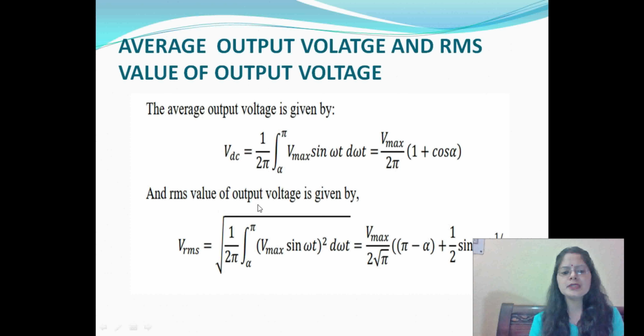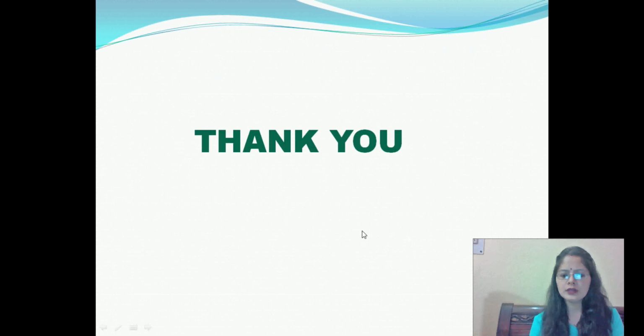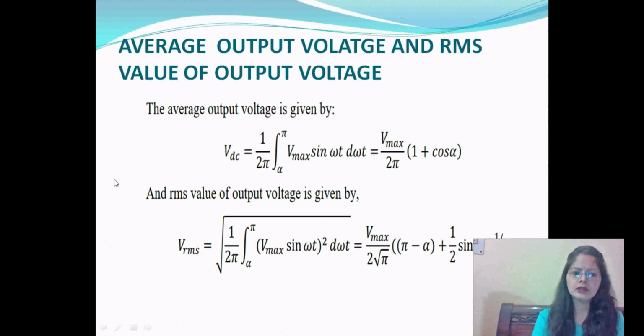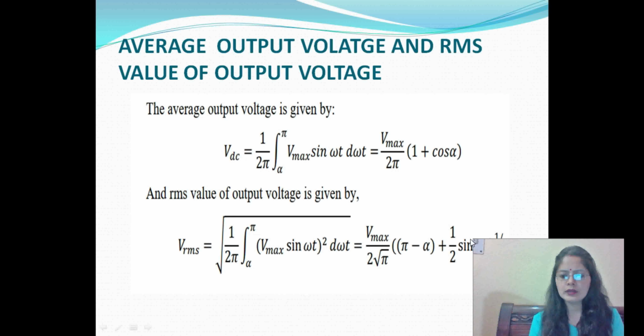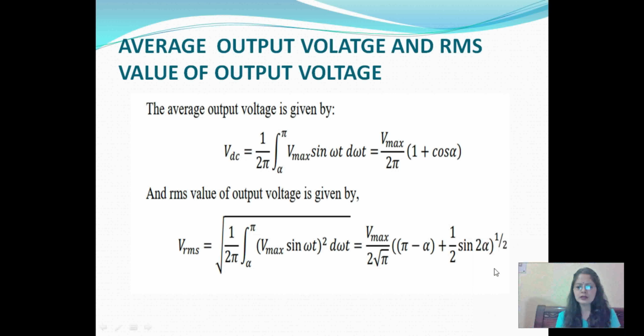And the RMS value of output voltage is given by Vrms equal to the square root of 1 upon 2 pi integration from alpha to pi of (Vmax sin omega t) square d omega t.